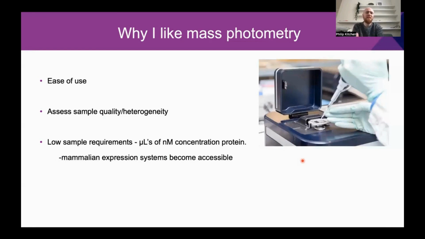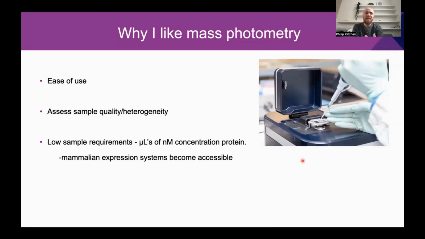I think it gives a nice quick assessment of sample quality and heterogeneity. For example, for the cryo-EM project that I showed a little bit earlier, one of the routine things we're doing now is, after solubilizing the protein and purifying it, we'll put it onto the mass photometer to check: is it a single peak of the right size, before we go on to do the expensive cryo-EM experiments.